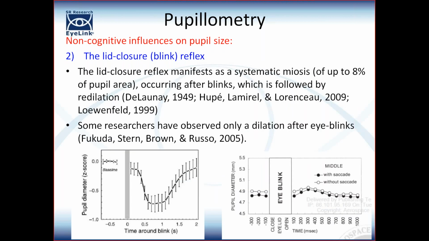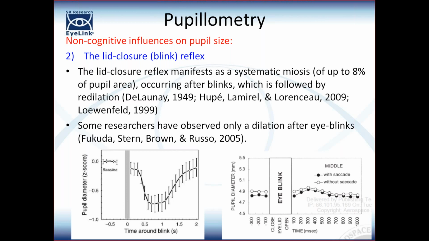Now, perhaps more problematic for pupillometry research using eye trackers as recording devices is the lid closure or blink reflex. There's actually surprisingly little written about the effect of blinks on pupils, but imagine even if we weren't recording data with an eye tracker, if you blink, it becomes dark, there is an effect.